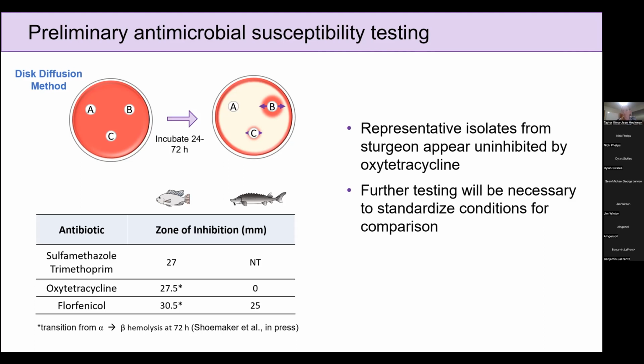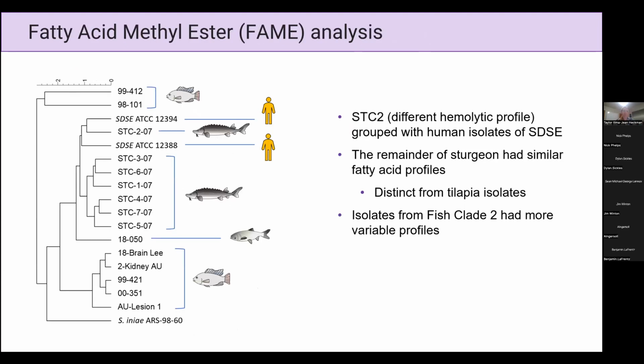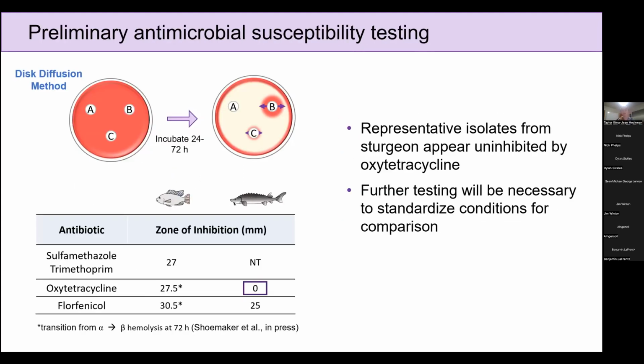So that's potentially concerning. But again, we'll need to do some further testing to confirm these trends. Oh, right, and it was for oxytetracycline and florfenicol that the transition from alpha to beta hemolysis was observed for the previously alpha hemolytic strains of tilapia isolates.